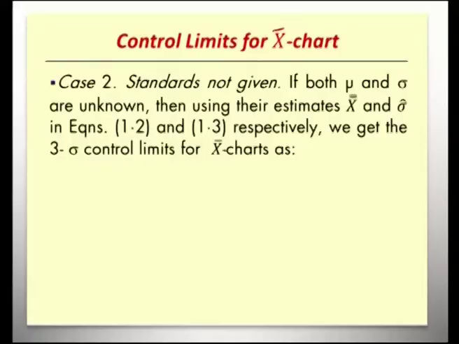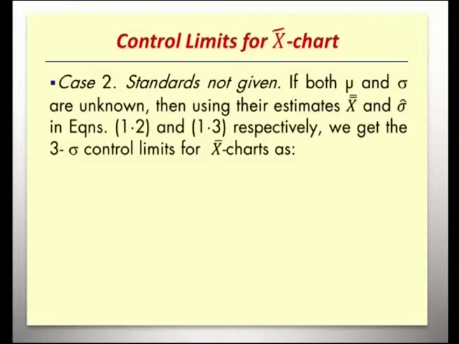Case 2, when the standards are not given, that is if both mu and sigma are unknown. Usually the population values will not be specified because we are doing the sampling only for giving interpretation about the population. So population values need not be known. Both mu and sigma are unknown, then using their estimates x bar bar and sigma cap in the above two equations respectively, we get 3 sigma control limits for x bar chart as follows.